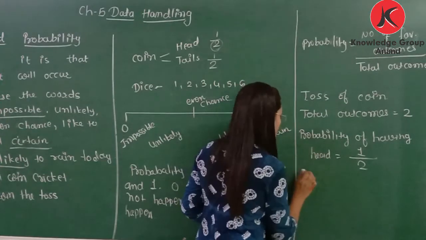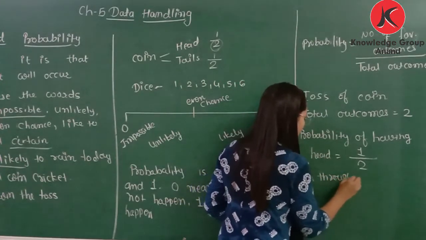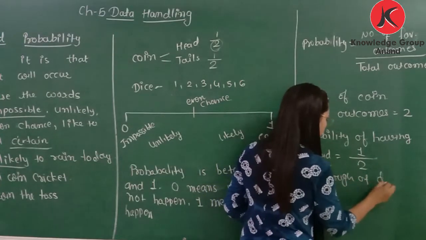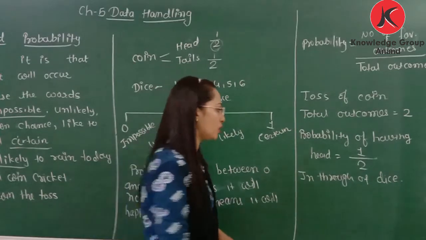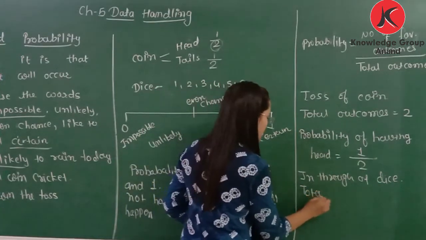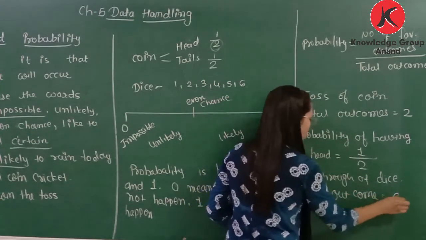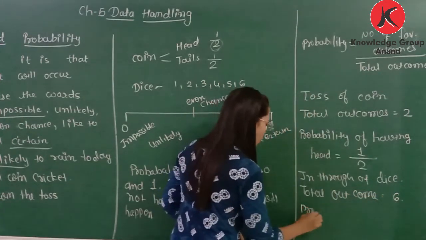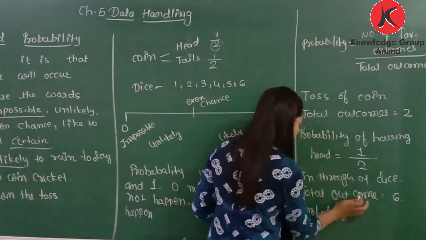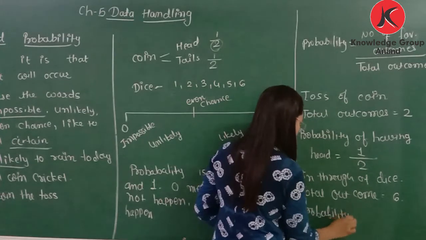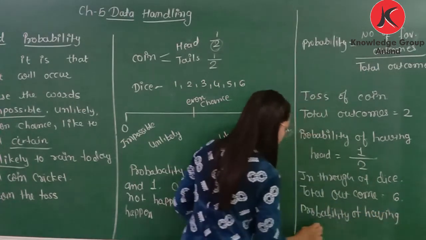Same for a throw of a dice. So how many total outcomes? Here total outcomes are 6. And from that the probability of having 5.